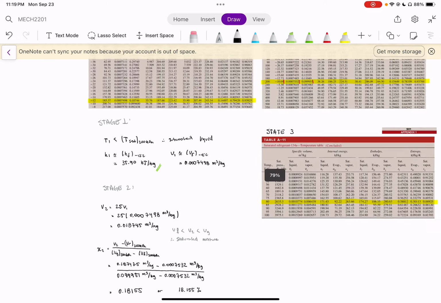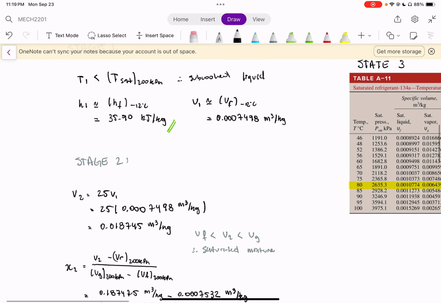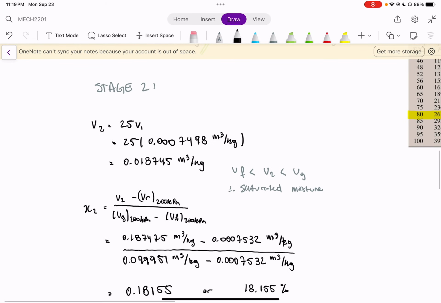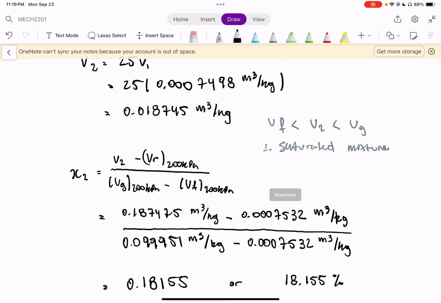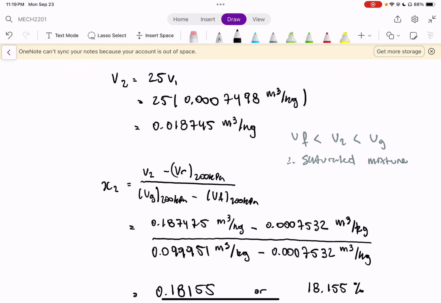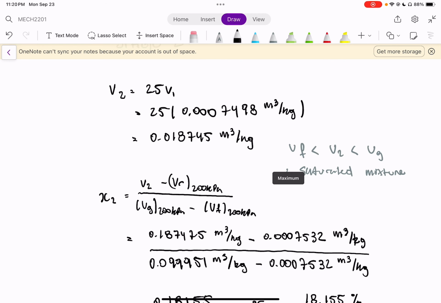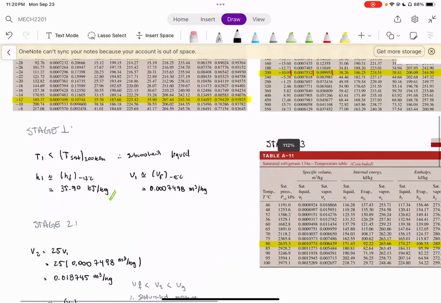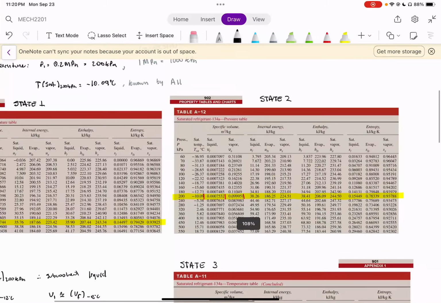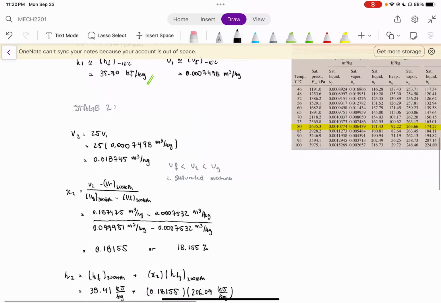Because we're in the saturated mixture, we have to find the x value, which is the vapor percentage within the mixture. So now we're going to use v2 minus vf at 200 kilopascals, divided by vg at 200 kilopascals minus vf at 200 kilopascals.